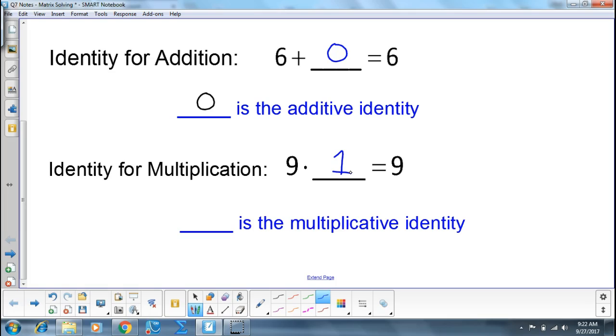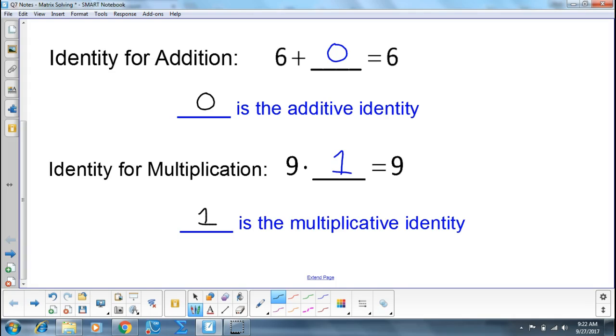Doesn't that just roll off the tongue? That just makes you want to do more math. Yeah! So 1 is the multiplicative identity. You probably have known this for years. You just probably never heard it referred to as the greatest math term on earth, identity.